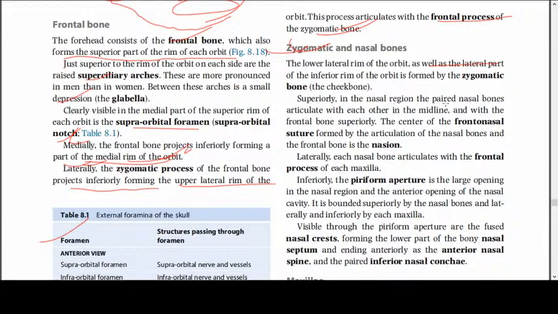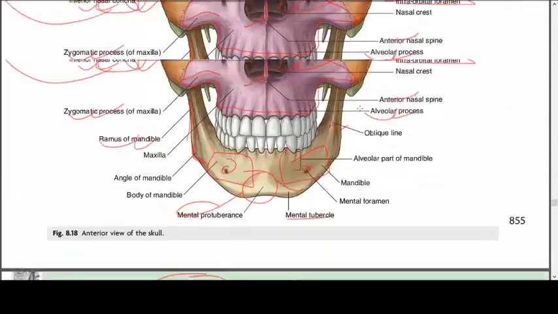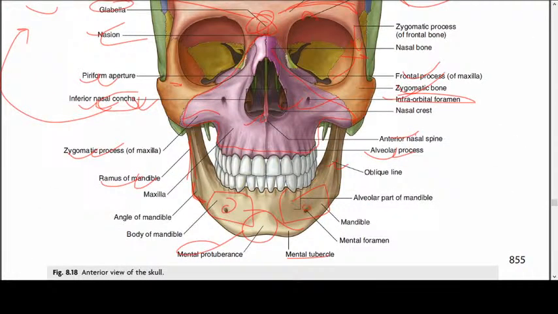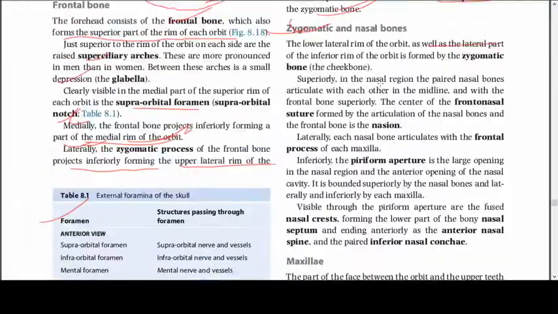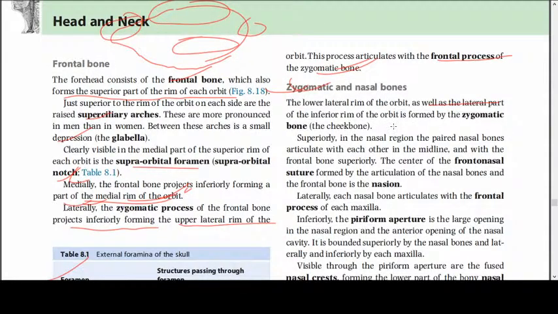Superiorly in the nasal region, the paired nasal bones articulate with each other in the midline and with the frontal bone superiorly.